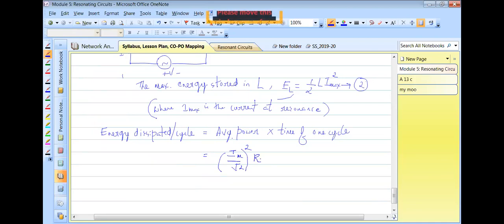Get that point? To understand why the average power is this, just understand what power is given by. I'm just giving you this, you can note it somewhere at the right hand side. Power is given by V into I. Suppose you want to write this power only in terms of current, then V is IR, so substituting V as IR, it becomes I squared R. Suppose you want this only in terms of V, then I is V by R, so this becomes V squared by R. So you can use any one form of the equation when we are going for the power.